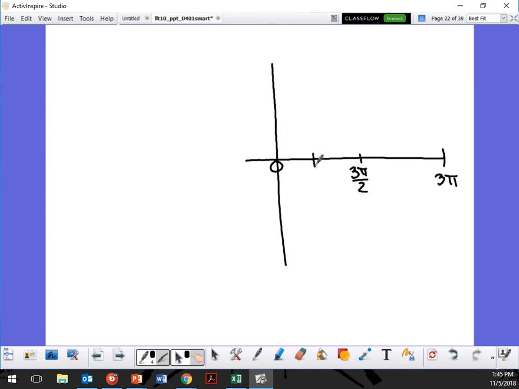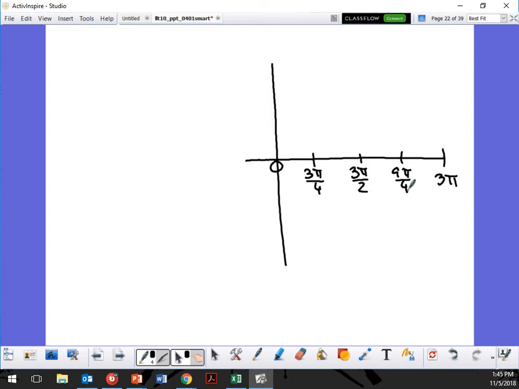What was right here? 3π/4. And here? 9π/4. Now, you understand the reason for the parts now, right? See, if you notice, they kept coming up 1, 0, -1, 0, 1. Makes sense, right? There's a pattern to this all the time.